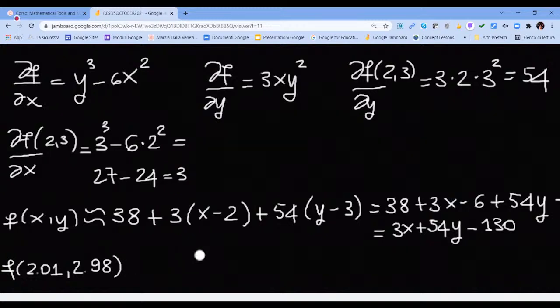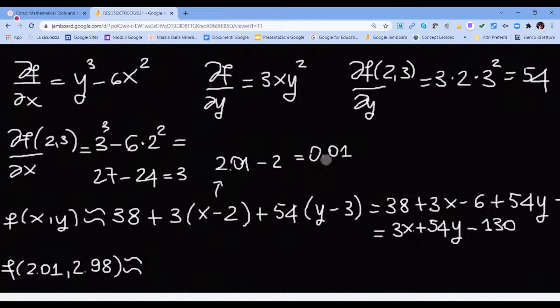We have two ways to do that. We already computed the linear approximation, and we have a formula in which we can substitute the values of x and y. Or we can rewrite the first part of the formula by taking into account that 2.01 minus 2 is 0.01.